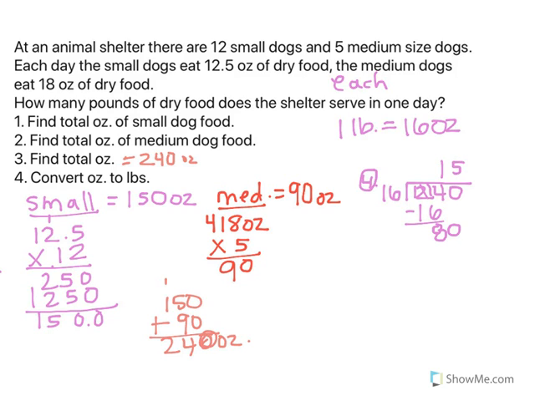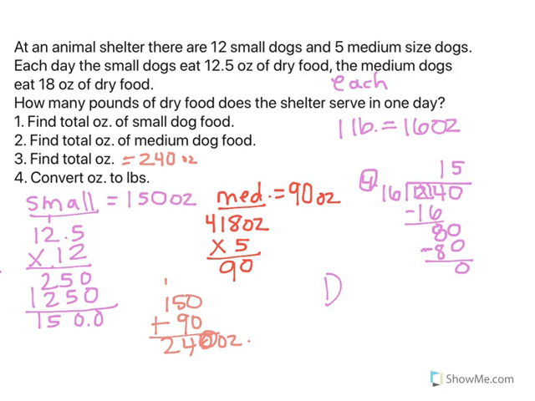So I'm guesstimating that 5 is going to work, which is 30, and then carry the 3, and 5 times 1 plus 3 is 8. And that gives me nothing left over. So I get 15. What is 15? 15 is me converting the ounces to pounds.